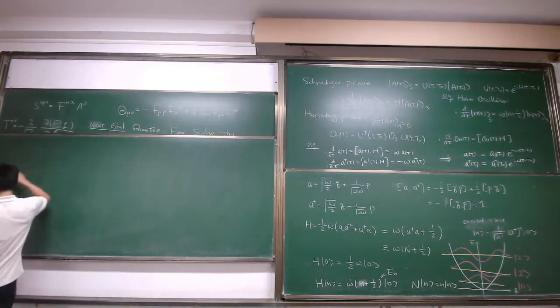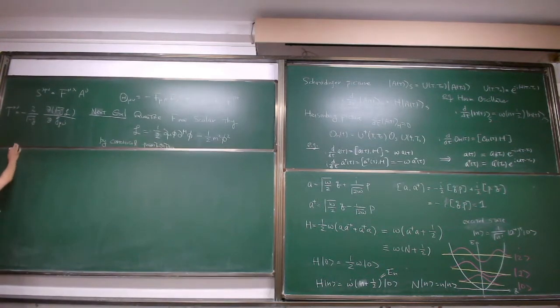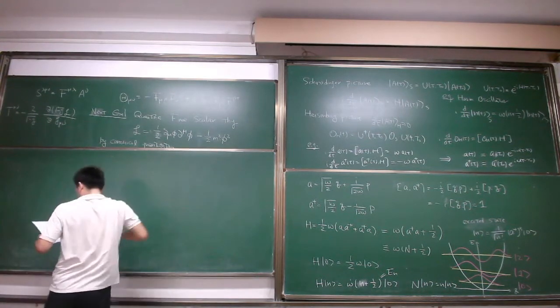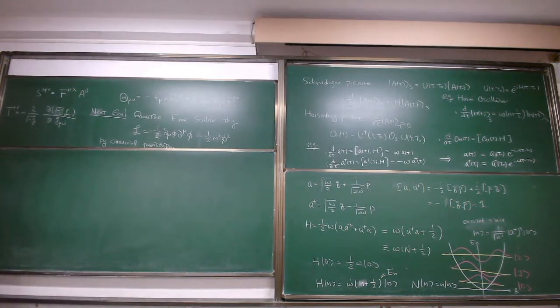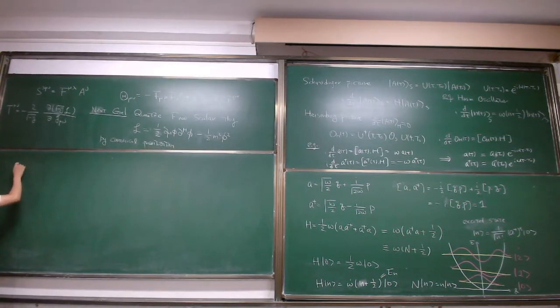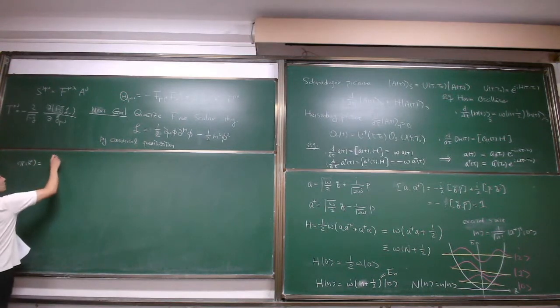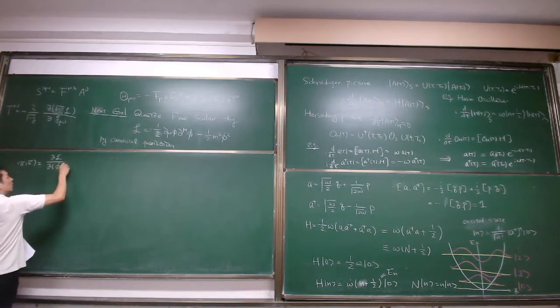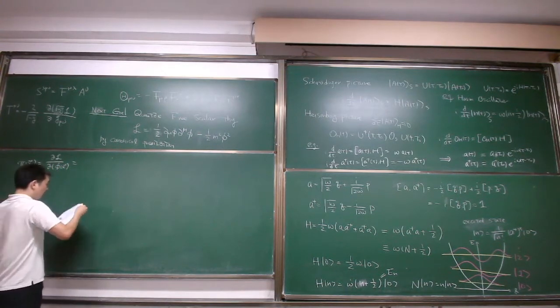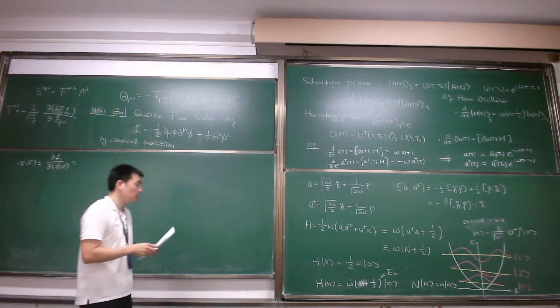Okay. So for the free scalar, we quantize this Lagrangian. To do that, last time we already introduced the conjugate momentum, and this is essentially phi dot.